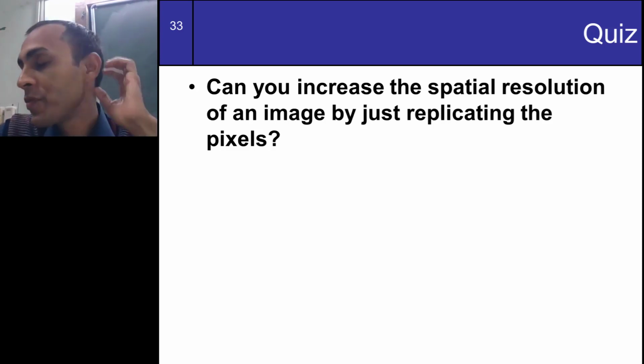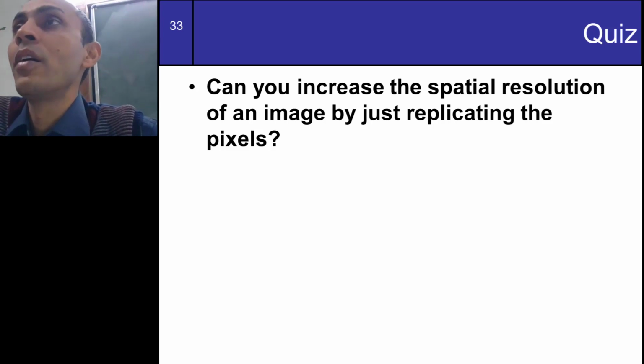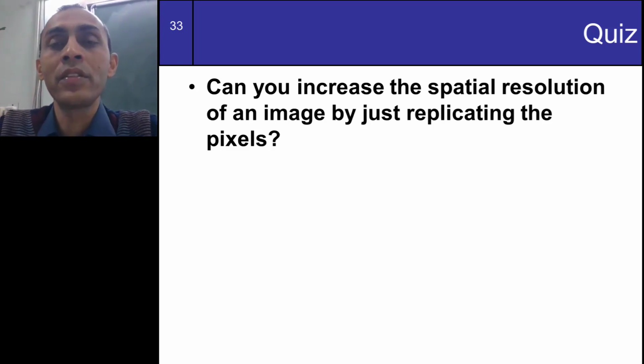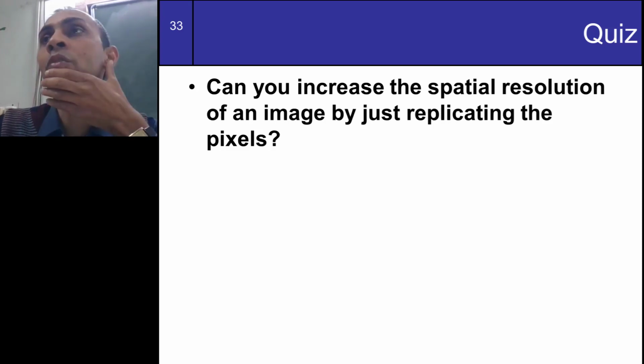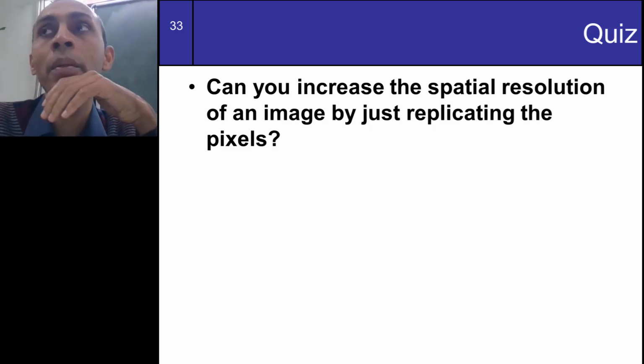Normally when we talk of the spatial resolution of a camera, we specify it in terms of the number of pixels. We say this camera has 1 megapixel resolution, or this camera has 10 megapixel resolution, and we think that the one which has more pixels has a higher resolution. So can you increase the spatial resolution if you just replicate the pixels?